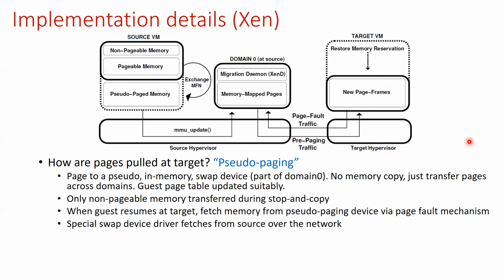So when a page fault occurs at the target VM, your page table indicates that these pages are stored in some swap device. You invoke the swap device driver to go fetch these pages. But that swap device driver is a special device driver. It won't look in the disk because it knows the pages have not been swapped to disk. It knows that these pages are there in the source hypervisor's domain 0.